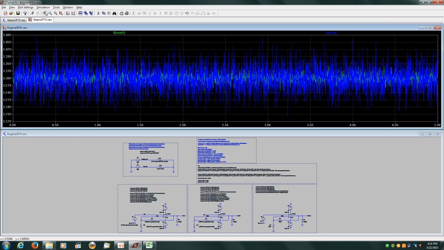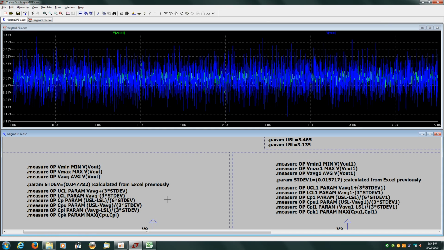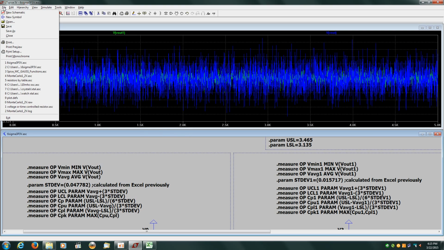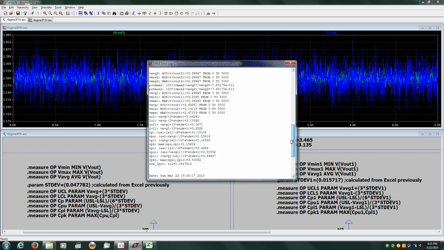I went back to my simulation file, plugged that in, and re-enabled all of these things to be calculated, ran the simulation a second time, and when I did that, in the error log, you get your result of all those measure statements, where the 0.1% CPK value was 3.5 and the 1% CPK value is 1.15, which is below the 1.33 requirement.